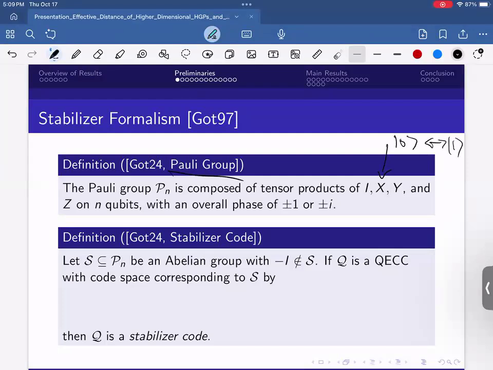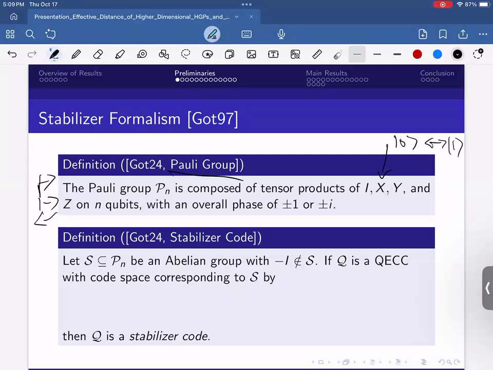And then Z is plus to minus, just in a different basis, that's all. And then there's an overall phase of plus or minus 1 or plus or minus i.